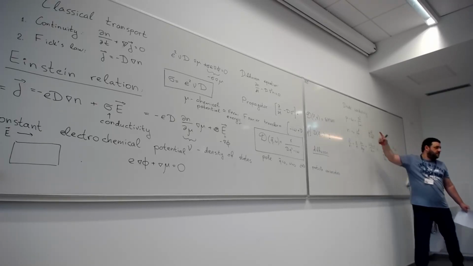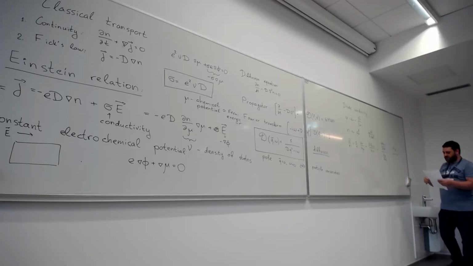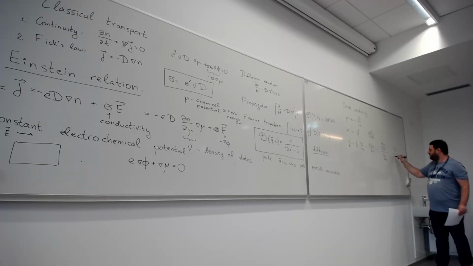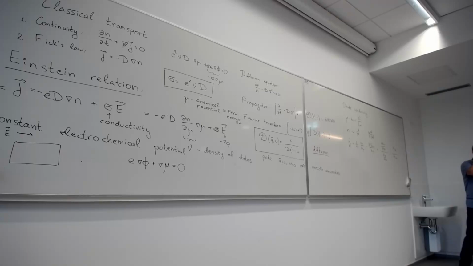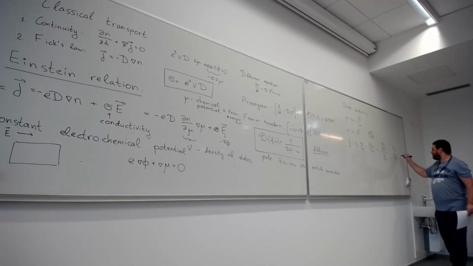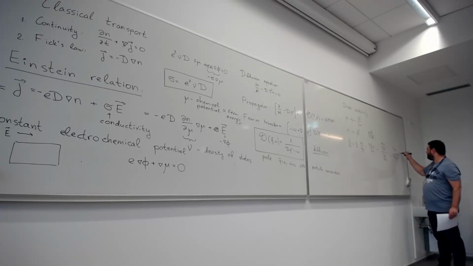Mu is just this parabolic function, so the derivative is p Fermi divided by m. If I put everything together, it's d times m divided by p Fermi squared.